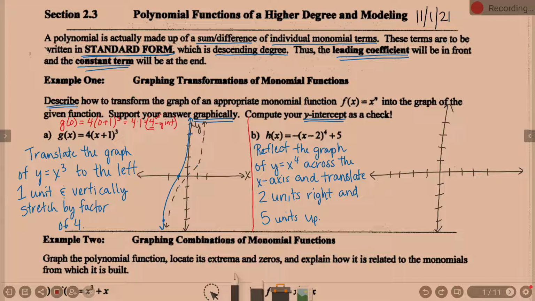Thoughts on y equals x to the fourth? I don't know if we've ever talked about y equals x to the fourth. Maybe we have, maybe we haven't. I really don't know. So y equals x to the fourth has a lot of different forms. And we're going to talk about those here in a little bit. But the basic y equals x to the fourth kind of looks like a parabola in a way. Okay? That's y equals x to the fourth.